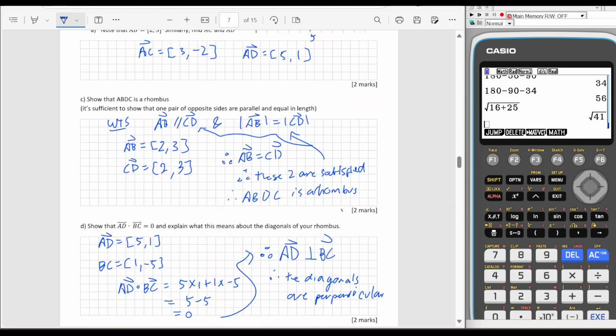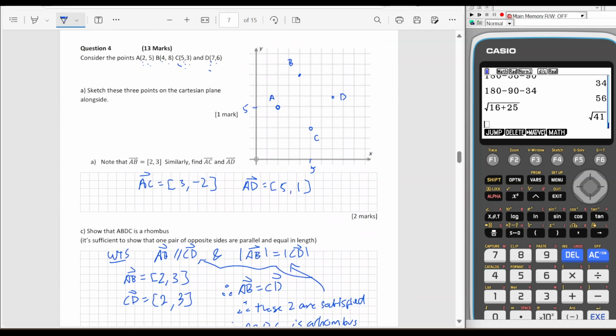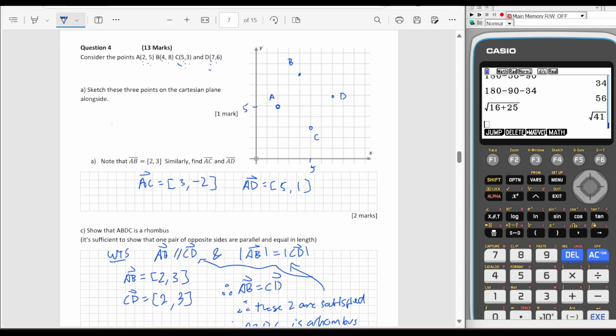Good. Next question. Well, next part of the question. Calculate these two angles. So we can go BAD as the angle is inverse cos of AB dotted with AD over mod AB mod AD. And we actually worked out what all these vectors were before. So AB and AD, I might just note them again.